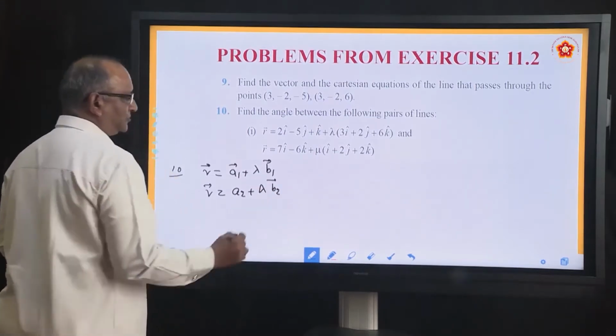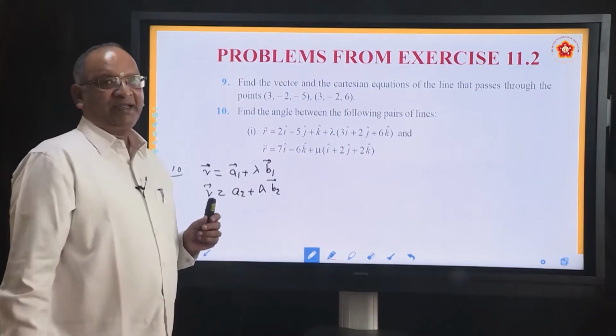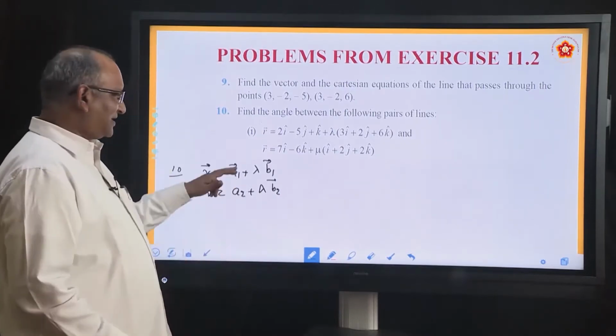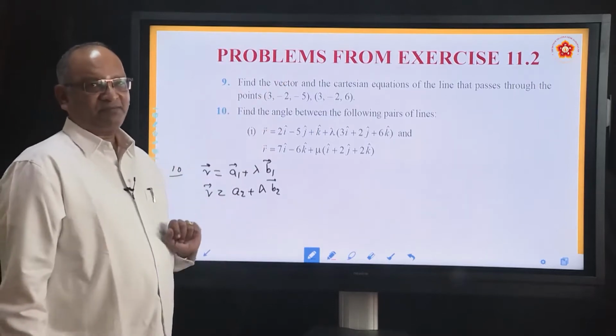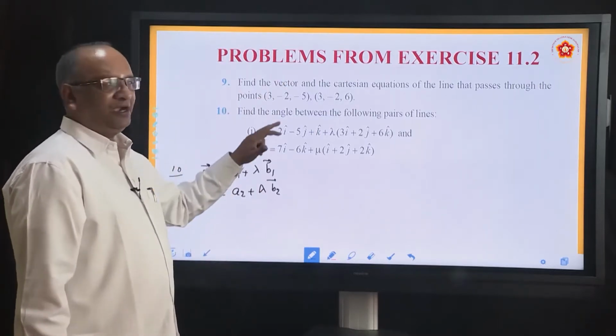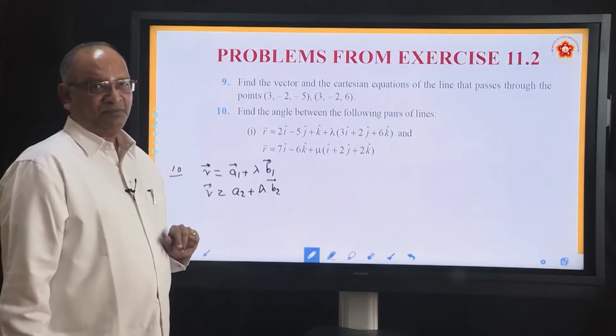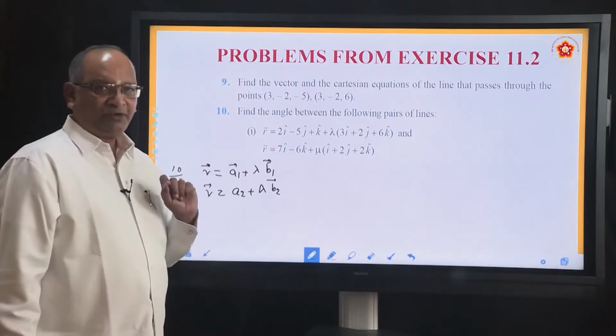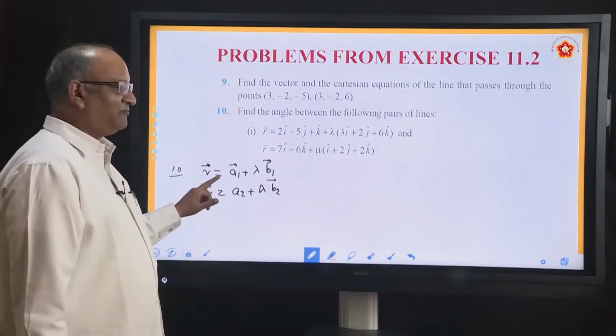Let us say these are the two lines and their equations are given. How do you find the angle between them? We know that the first line is parallel to a vector b1, the second line is parallel to another vector b2. If you are able to find the angle between b1 and b2, it is going to be the same between line 1 and line 2.